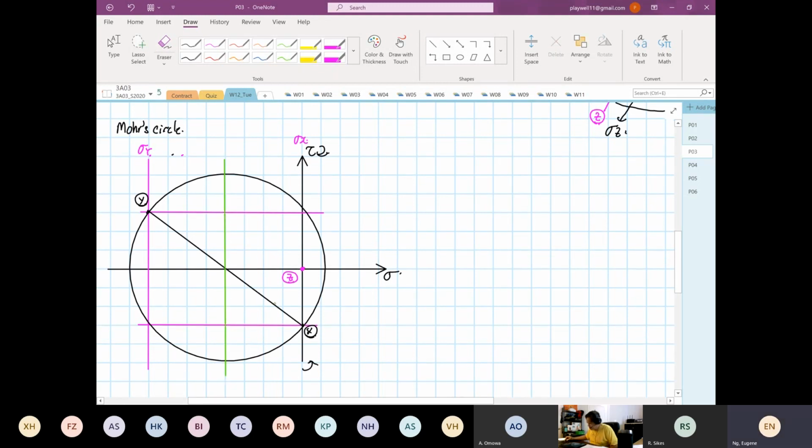So this is our stress. So the green line is the center of the circle, the stress average. So if I'm going to complete drawing the 3D Mohr circle, this is how it looks like. Okay, this is one circle. Okay, and then the other circle. This is the other circle.